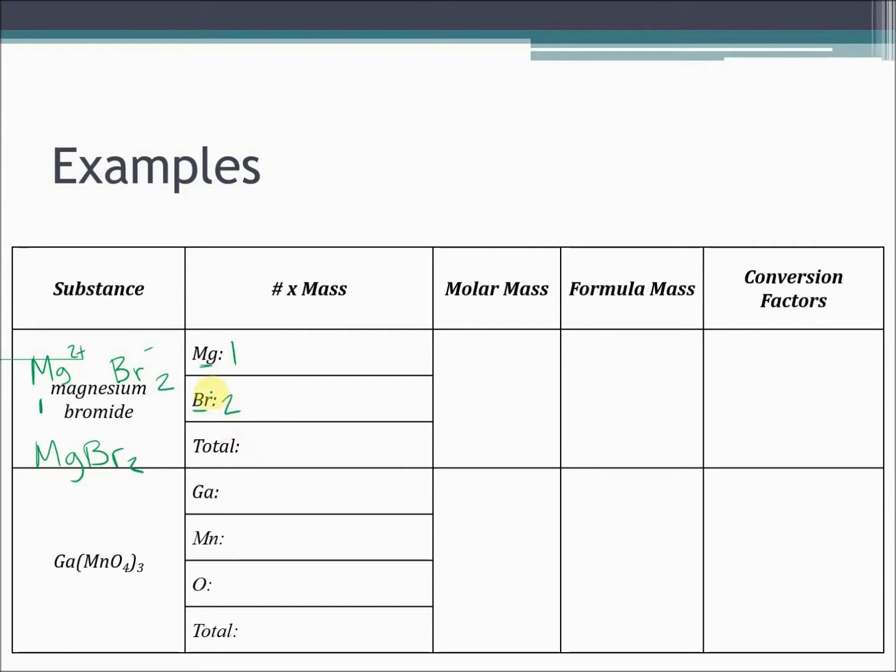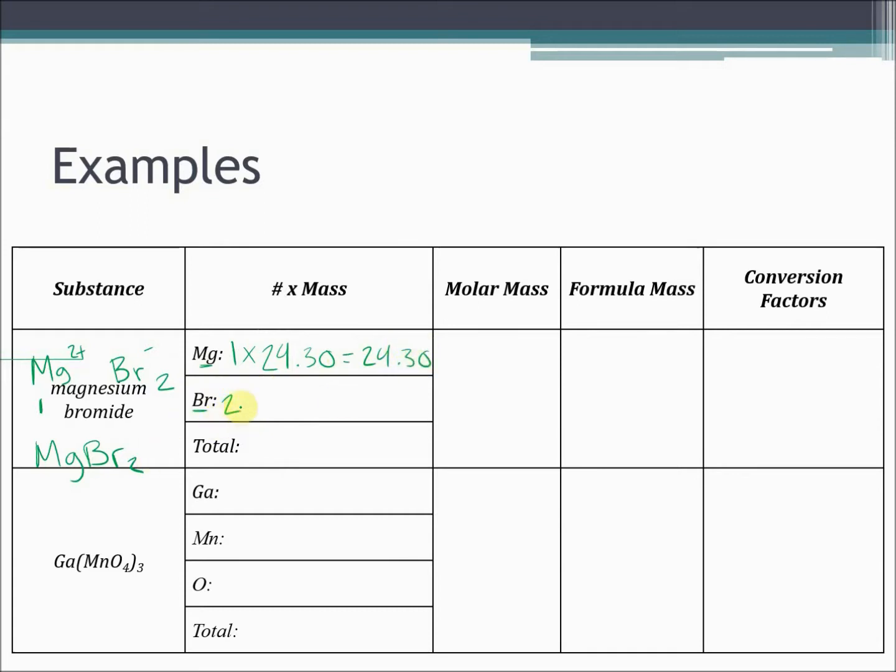So then you should look on your periodic table, right? You'll go find magnesium on the periodic table, and the molar mass of magnesium is 24.30. So the mass of all the magnesium together in this whole compound is just 24.30.